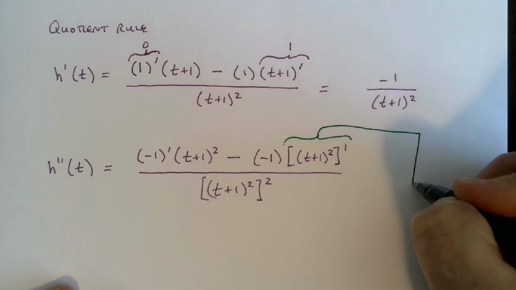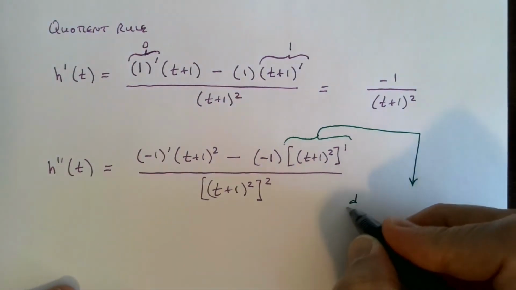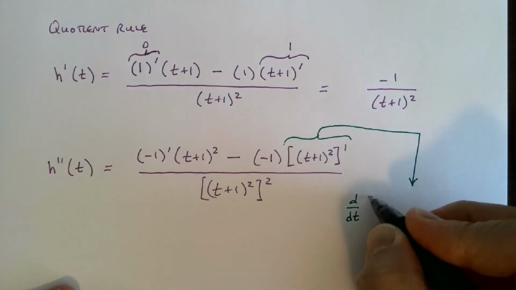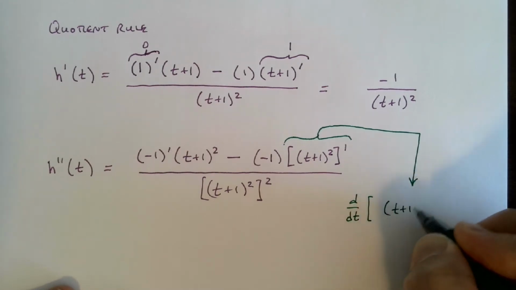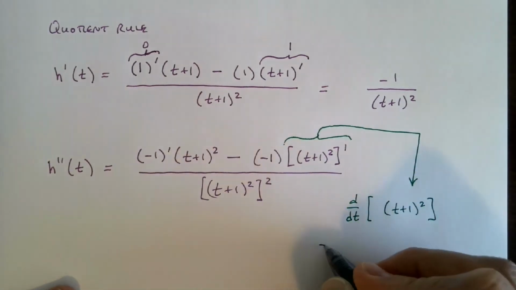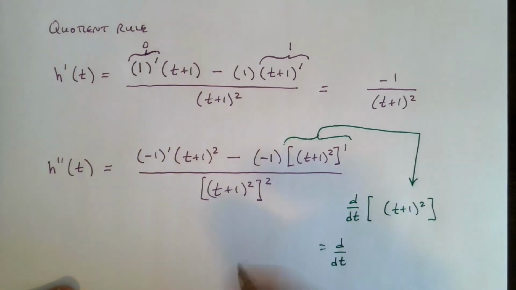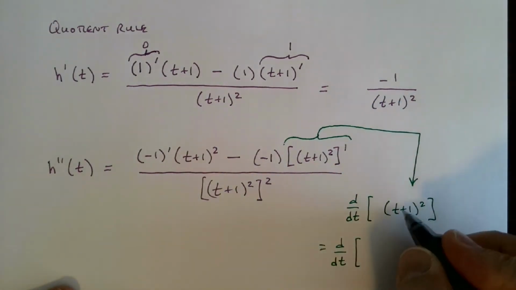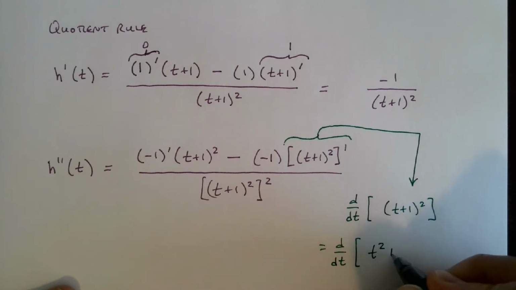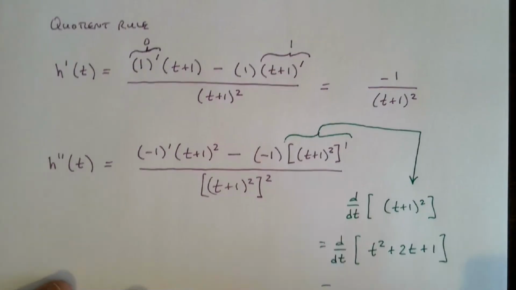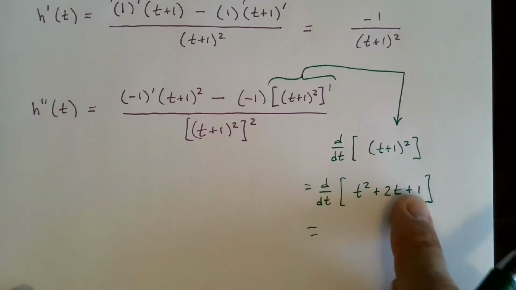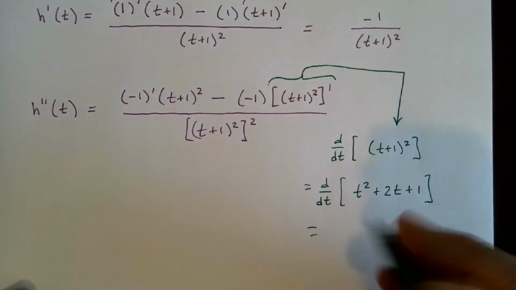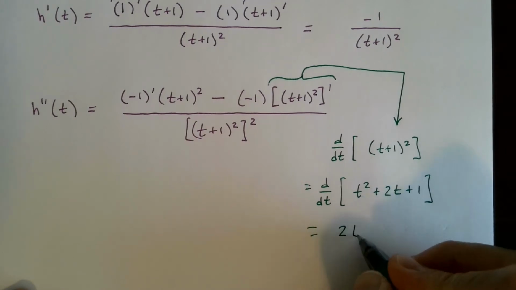So I'm just going to say here, when I take the derivative with respect to t of t plus 1 squared, right now I do have to expand. So I said don't expand t plus 1 squared, but you will have to expand it really to see what's going on here. This is t squared plus 2t plus 1, right? And now I can take the derivative of this very easily, term by term. Derivative of t squared by the power rule is 2t.